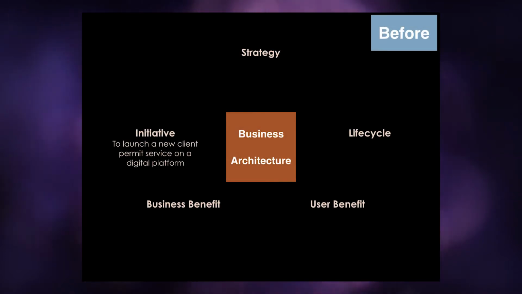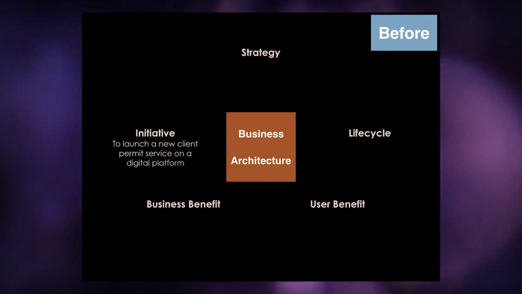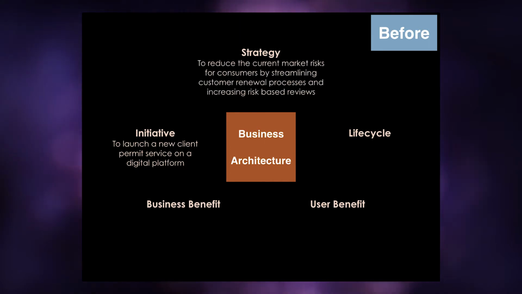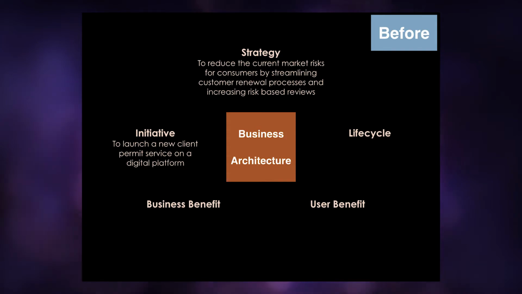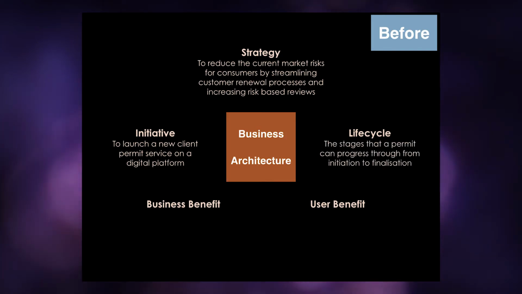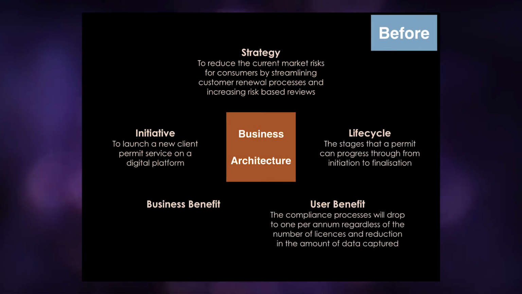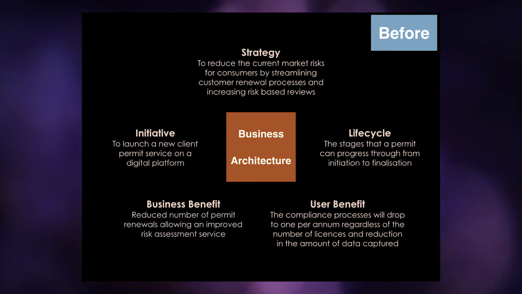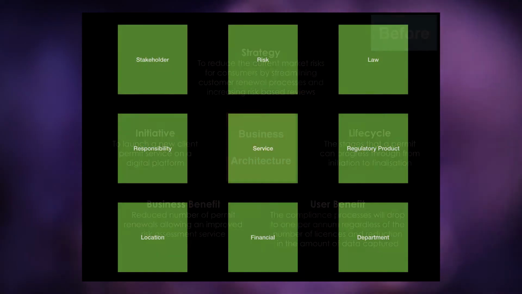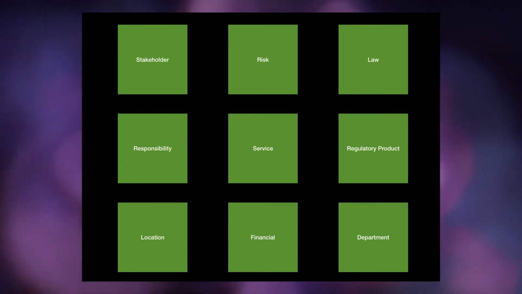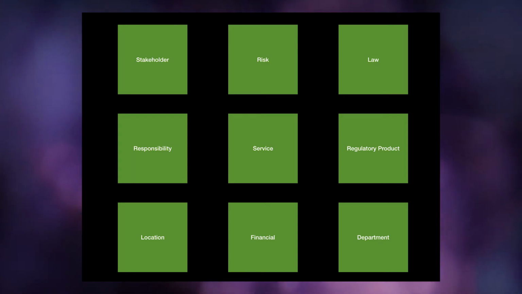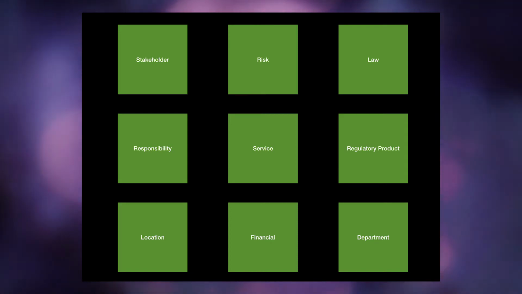So I have some statements of an initiative, like strategy to reduce the current market risks for consumers by streamlining customer renewal processes, the stages that a permit can progress through initialisation, the compliance process will drop to 1 per annum. So I've got a bunch of statements in my initiative. And I've got this enterprise subject model. I wanted to make it less than 9 boxes, but then I thought people would look at it and go, well, that's stupid, Lloyd, that's too small.